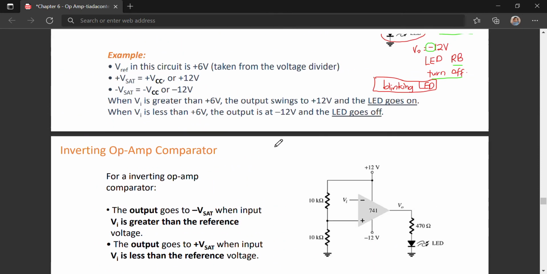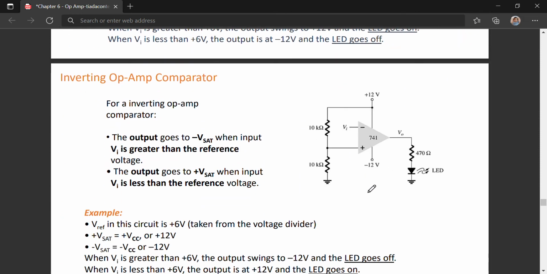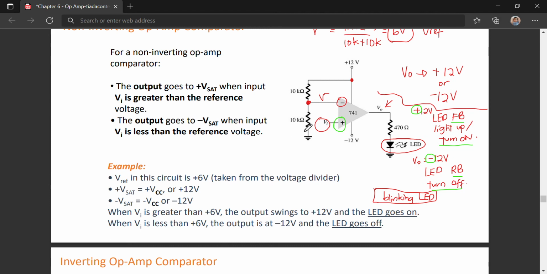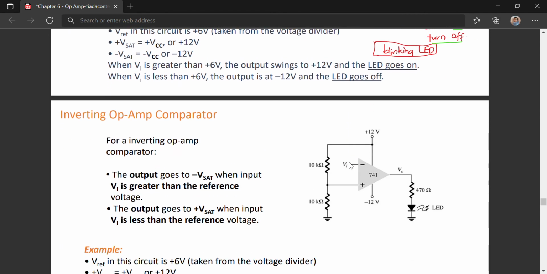Okay, so here, if you see, this is about the same circuit. However, the input Vin is connected to the negative part of the op-amp input. Here your V plus is equal to 6 volt.